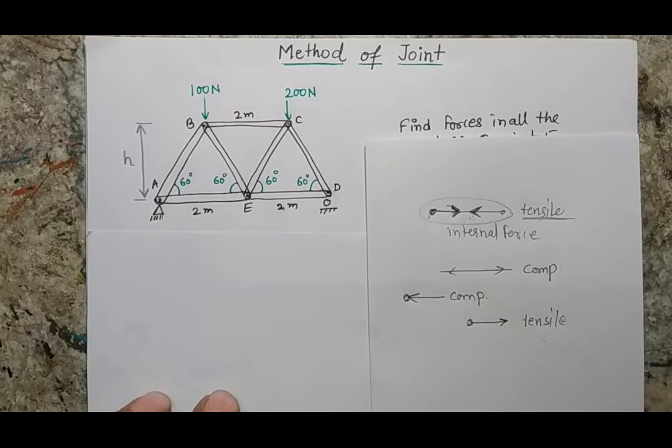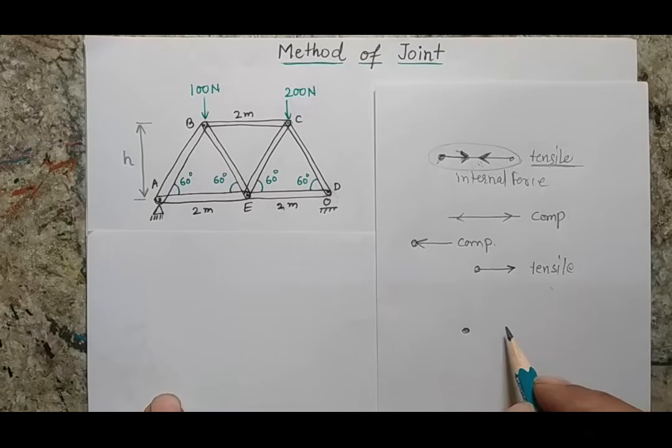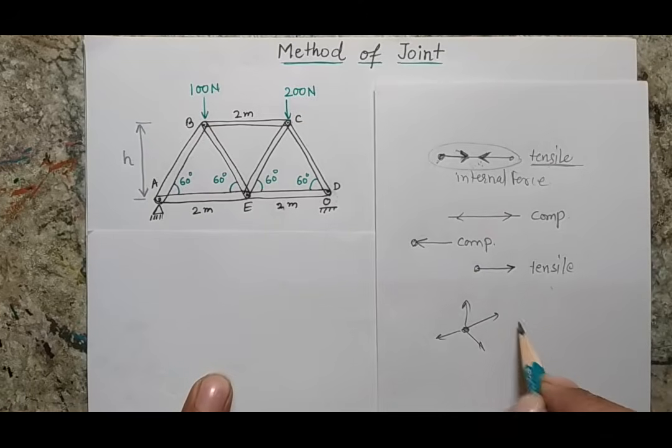Now the second important concept is that whenever we want to solve a truss, we are basically going to write the equations for the equilibrium of a particle or a point. And we know that when it is a two-dimensional problem, we can solve a maximum of two unknowns, because when a number of forces are acting on a point, we write the summation of horizontal forces and the summation of vertical forces.